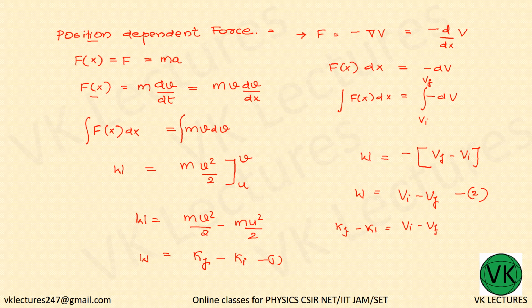Bringing the similar terms, the initial terms together, Ki plus Vi is equal to Kf plus Vf. So total energy is conserved, Ei equal to Ef, initial energy is equal to final energy.